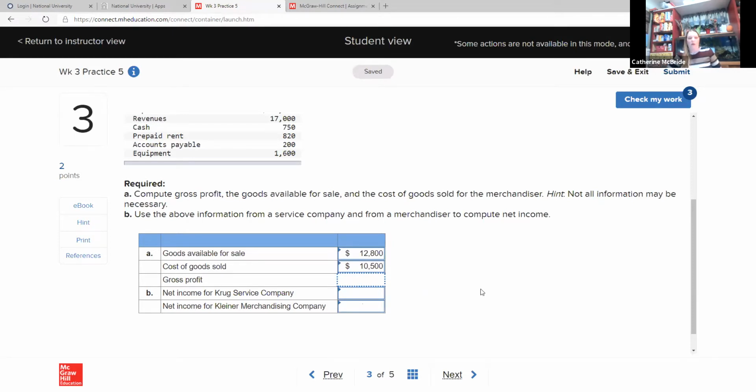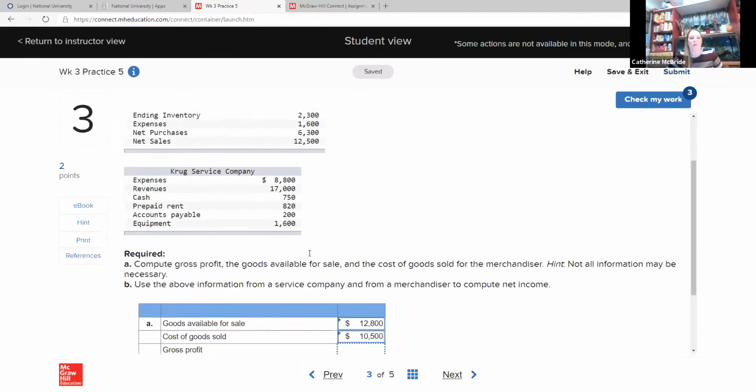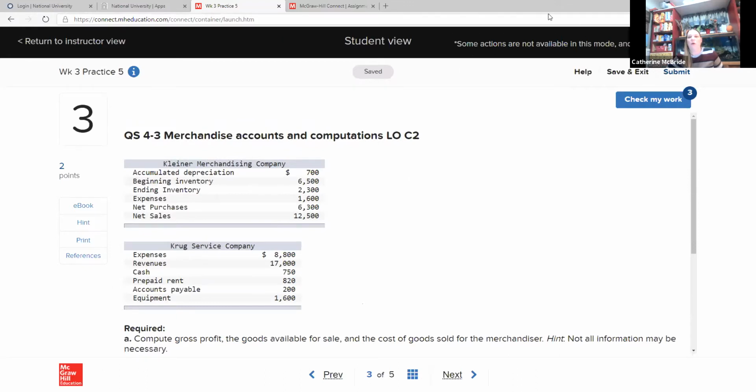So now, if my goods available for sale are 12,800, that's everything I had available to sell, and for gross profit, I need sales minus cost of goods sold. Gross profit is sales minus cost of goods sold, just like on your income statement. The top of your income statement models this.